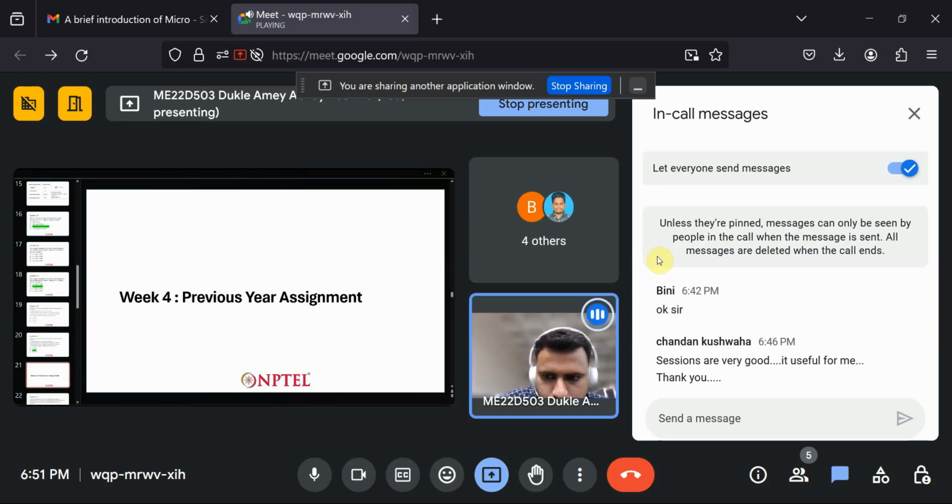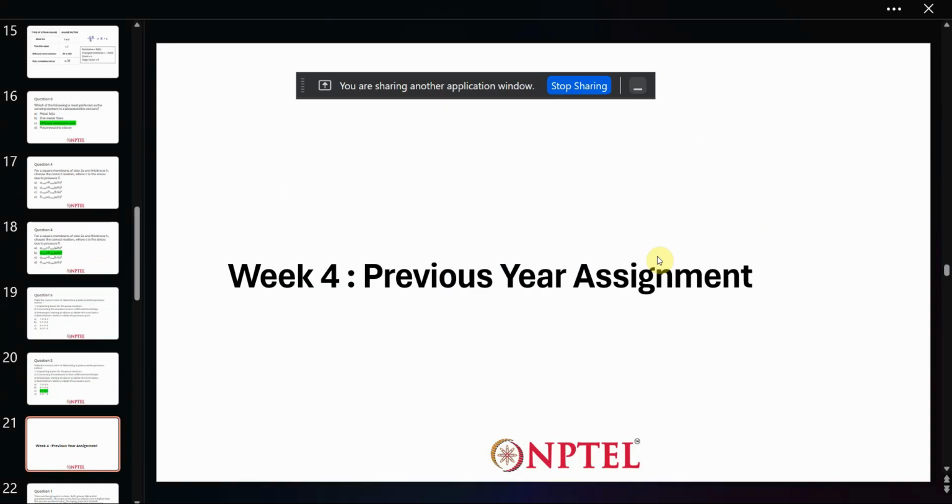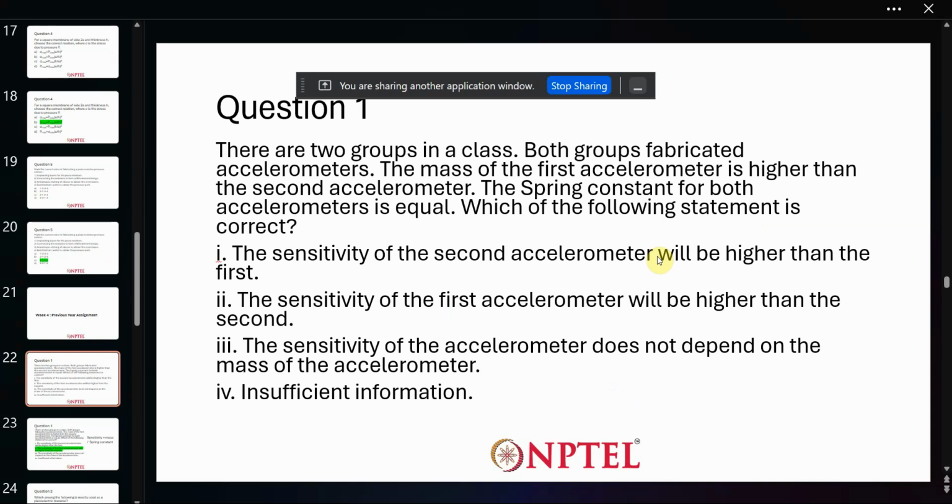So we'll move to the previous year assignment. Here again, there are two groups in class. The spring constant of the accelerometers they have fabricated is constant, but the mass of the first accelerometer is higher than the second one.